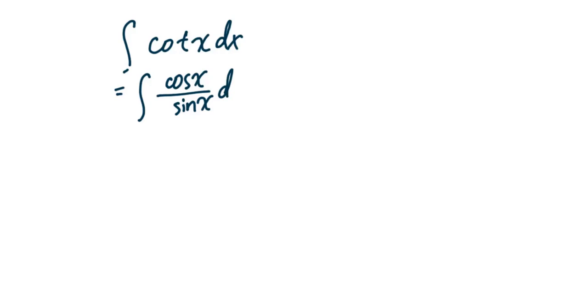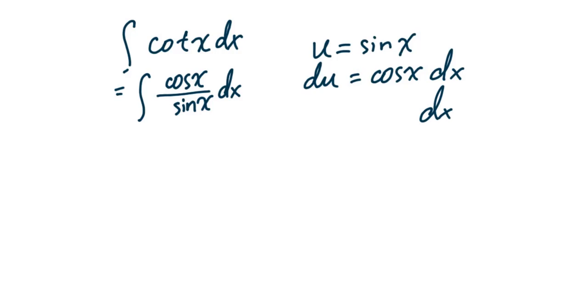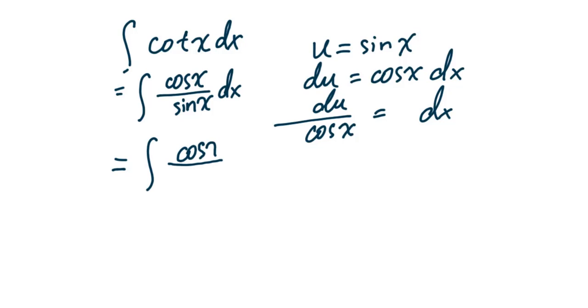What about cotangent x dx? That equals cosine x over sine x dx. This time we will set up u equals sine x. So we have du equals cosine x dx. dx equals du over cosine x. So that you will get cosine x, u times du over cosine x.